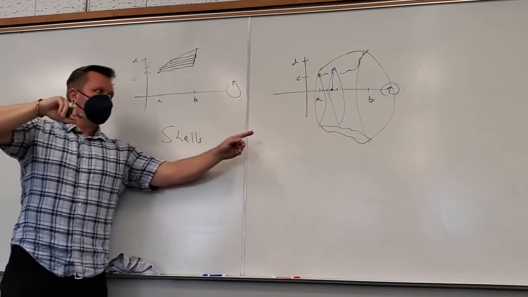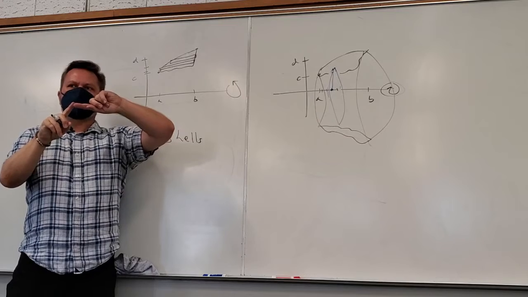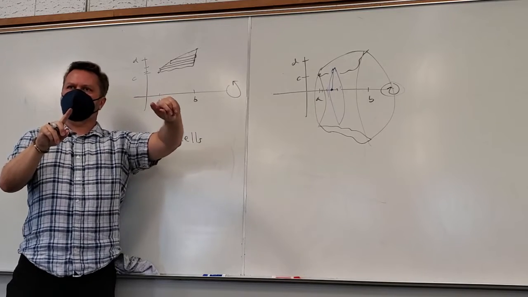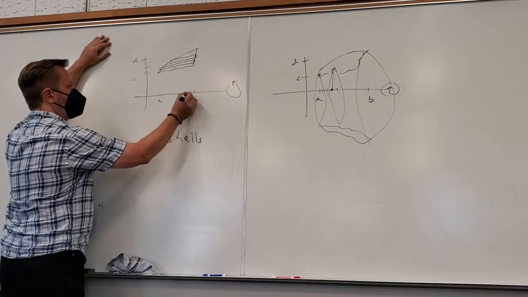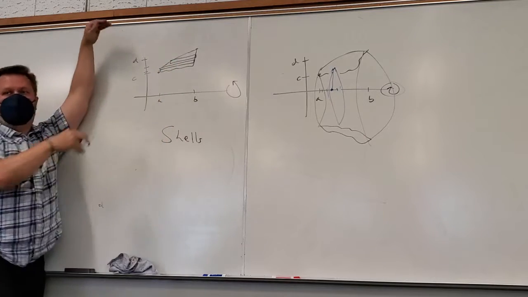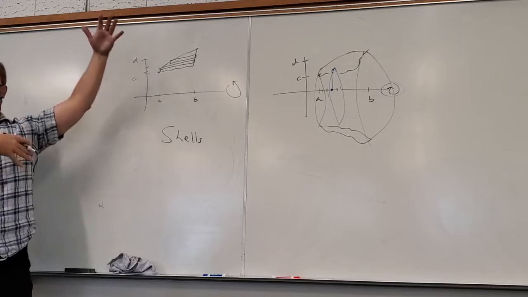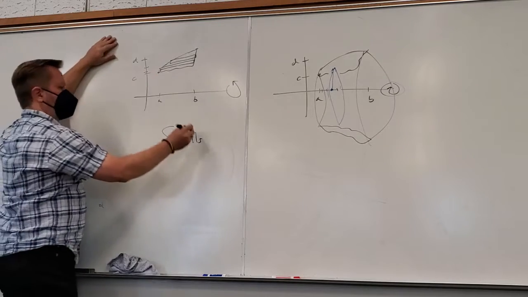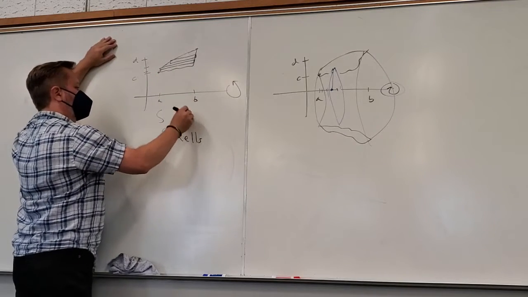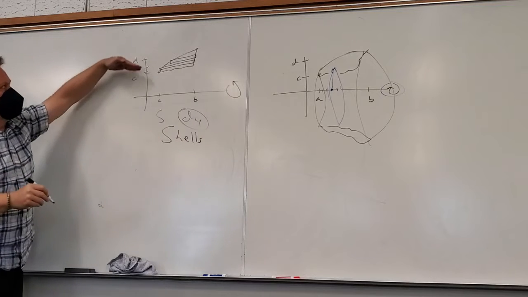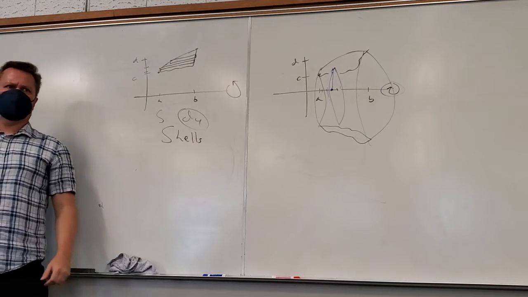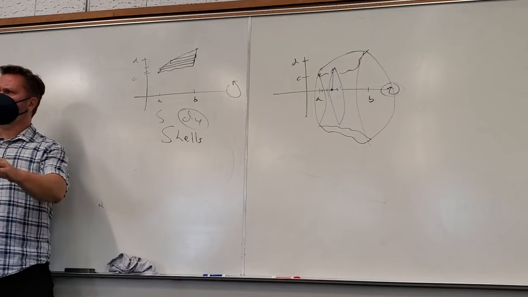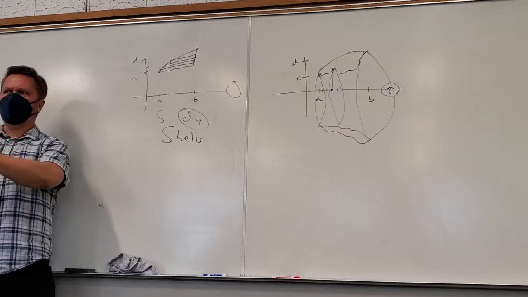So with disks, I find my disk as I move along the axis of rotation. With shells, am I moving along this axis to find my rectangle? No, I'm moving along the other axis to find my rectangles. That's why this would be dy, because I'm moving along this axis to find my rectangles. I really want that by itself to make sense why they are what they are.